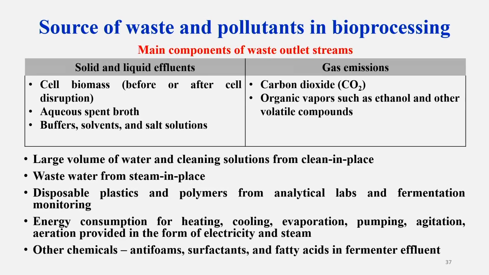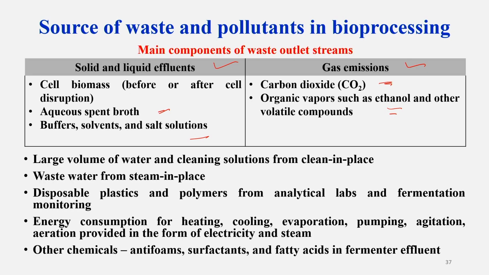So, you may have solid and liquid effluent, or you may have gas effluent. Solid may be your cells, liquid may be the spent broth or buffer or solvent. Emissions will be CO2, but there will also be other organic gases or other volatile compounds.